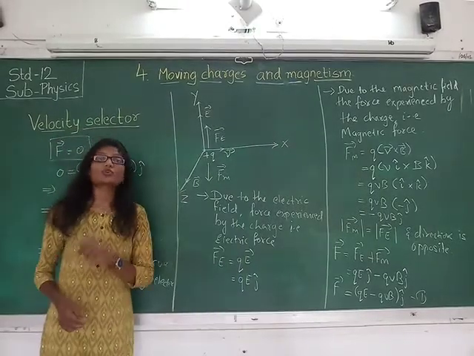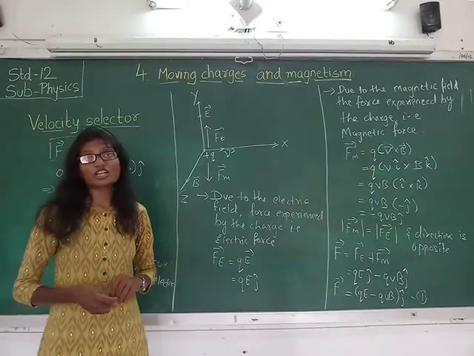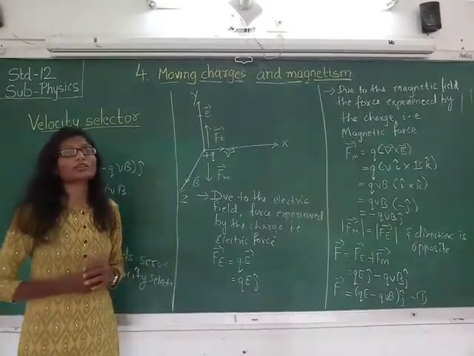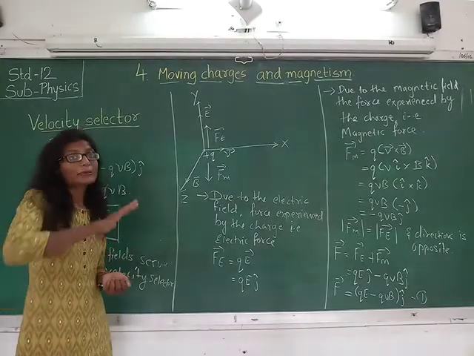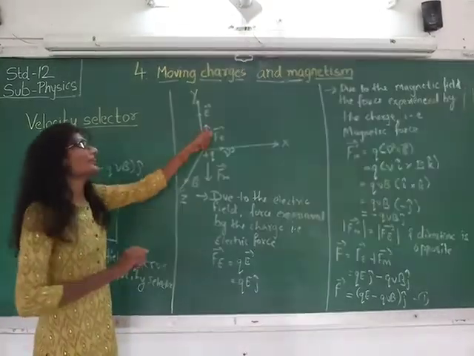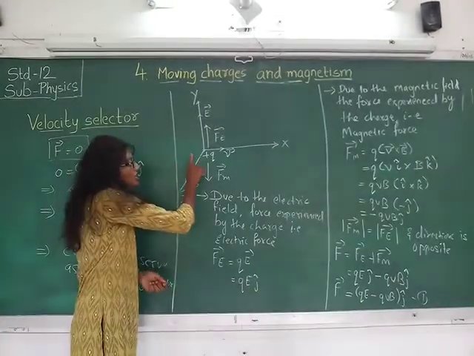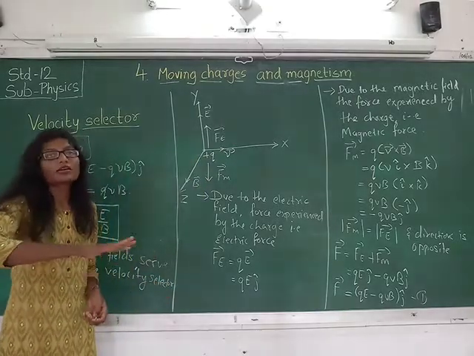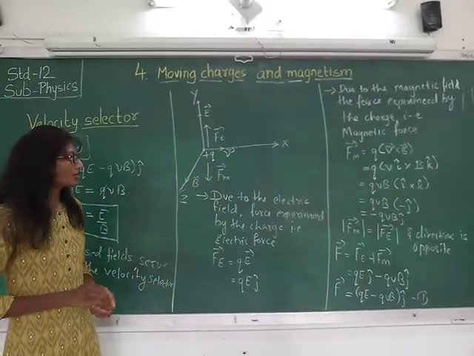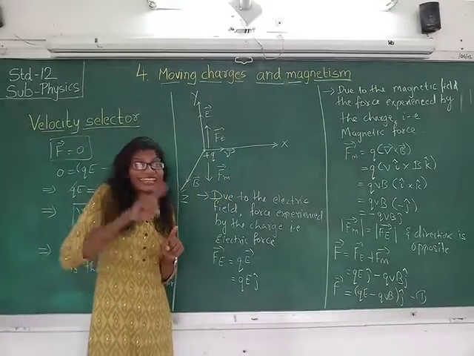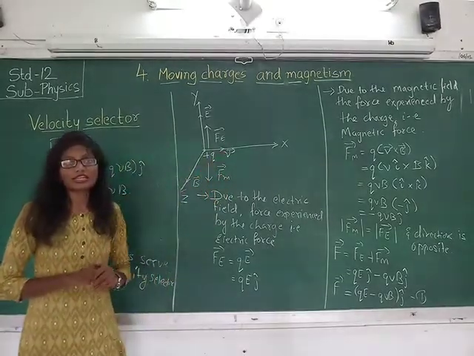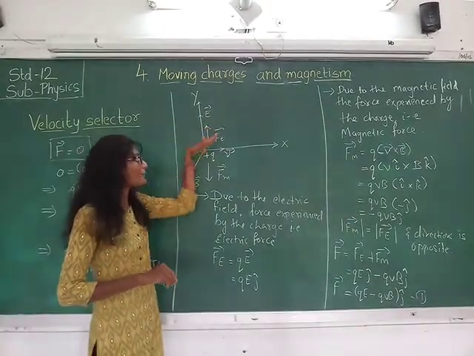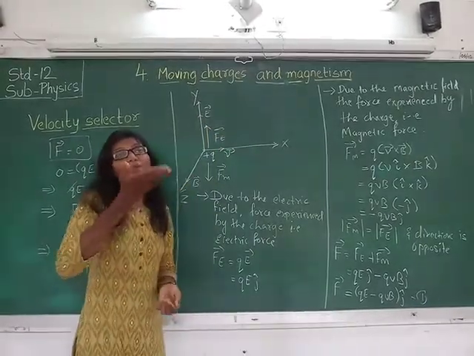That means the magnetic force depends on the velocity of the charged particle. So if the velocity of the charged particle is more than the particular velocity, then the magnetic force will be more compared to the electric force. So the charged particle gets deviated and it gets pushed into the bottom charge plate, right? And if the velocity is less compared to this particular velocity, then what happens? Then the charge gets deviated on the upper side, that is towards the upper plate, right?